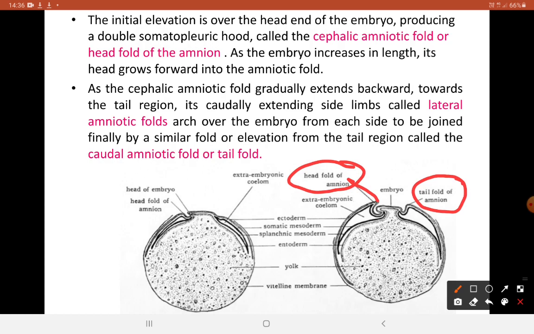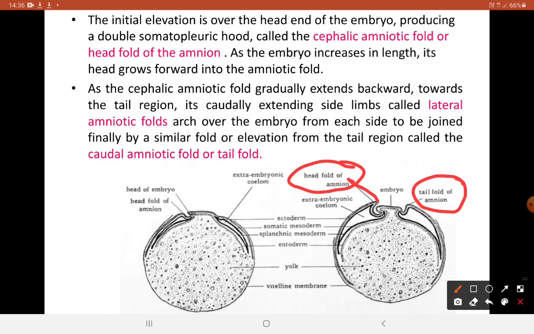So when the somatopleure extends over the developing embryo, forming a double layer, the fold formed towards the head we call cephalic amniotic fold or the head fold of amnion. Towards the tail, it is the tail fold of amnion. And the folds formed on the lateral side are called lateral amniotic folds.